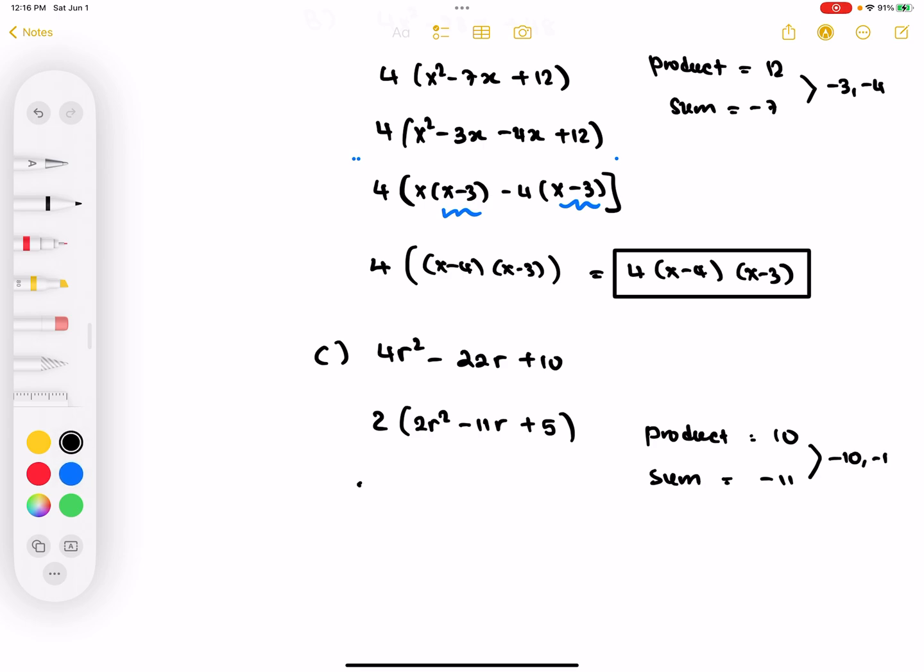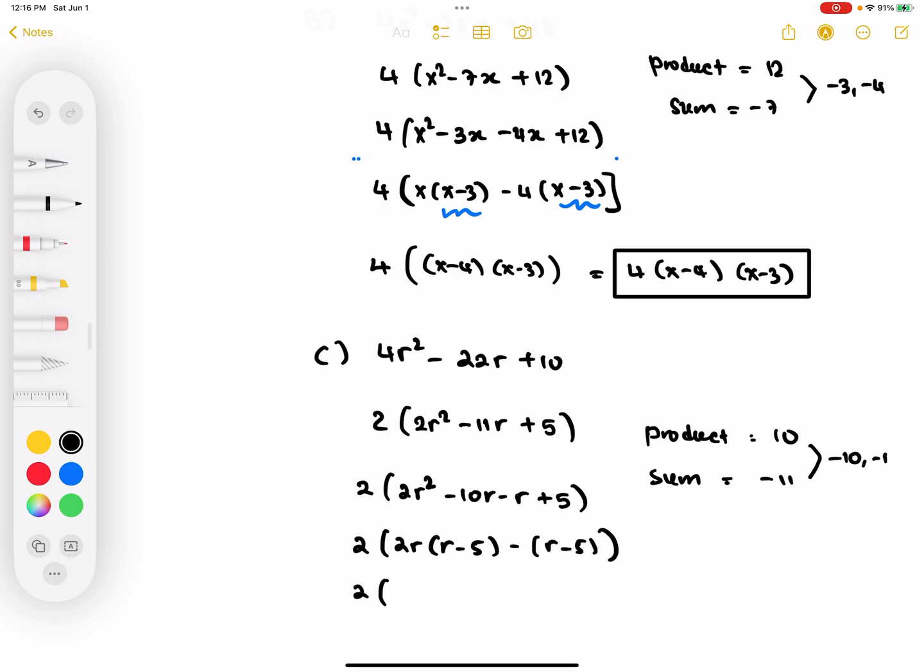So I can write 2r squared, then negative 11r can be written as minus 10r minus r plus 5. The common factor between 2r squared and minus 10r is 2r, leaving r minus 5. If you look at the second one, negative 1 is out, and I can write r minus 5.